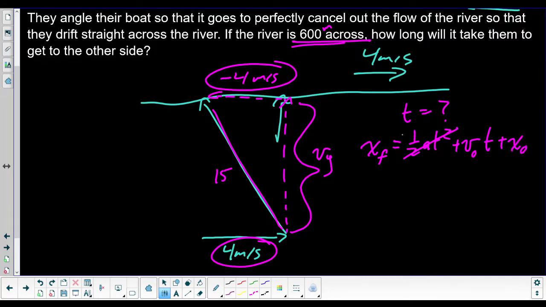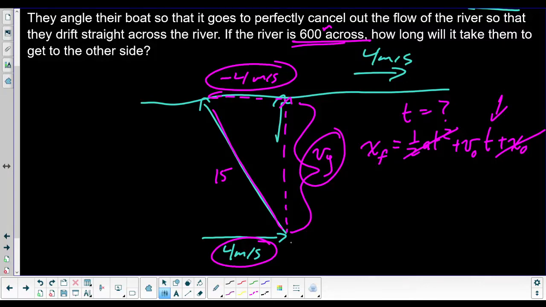We'll say this side of the river is 0. This goes away. So we're looking for our velocity, this velocity, our final velocity, right? And then we'll be able to find time. So we have aligned this so that the 4 meters per second cancel out. We know this diagonal is 15. We need to find this new y here.